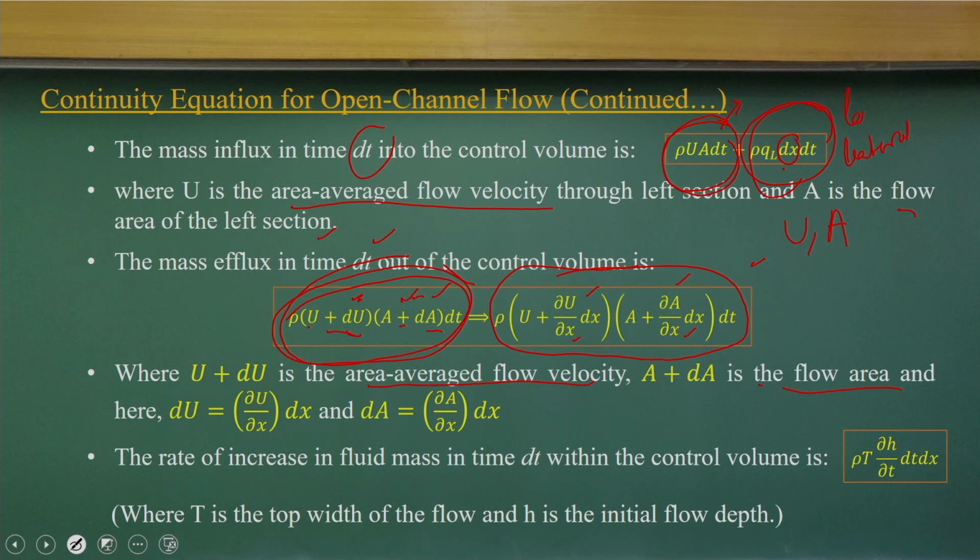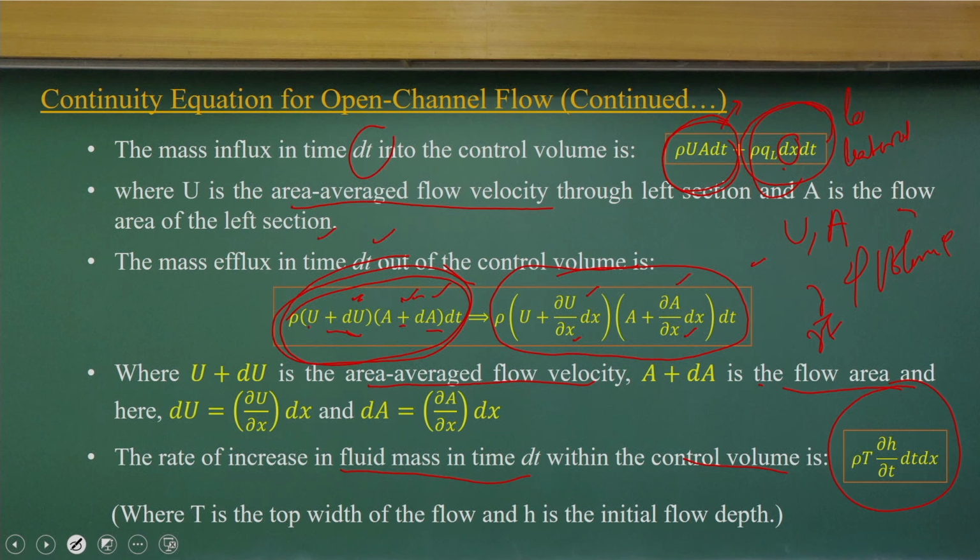Now if you look at the net increase of the fluid mass within this control volume, it will be rho into the volume by delta t. That's the rate of change of the mass with respect to time, rho into volume.